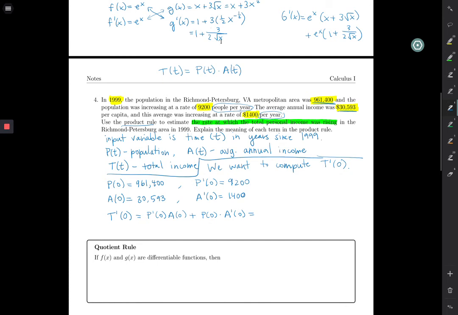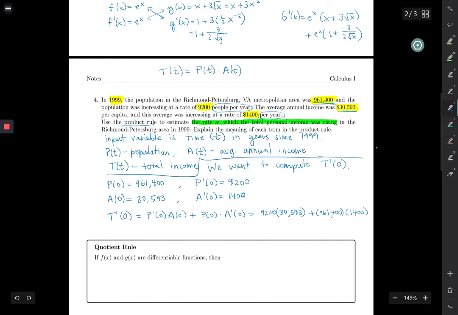Right, so then we just plug in our numbers and then multiply this out. So we would get 9,200 times A of 0 is 30,593. And then P of 0 is 961,400 times 1,400.